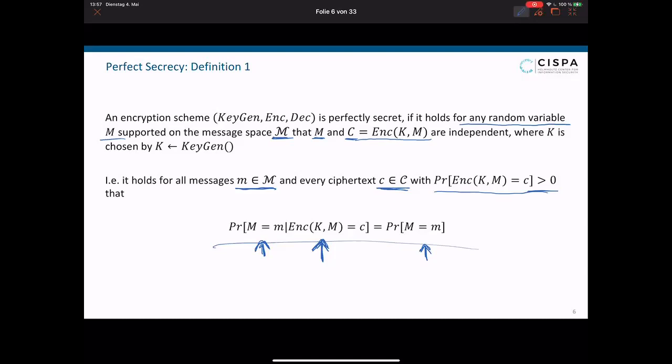Okay, there's another question. Doesn't all this depend very much on the quality of K and the algorithm that generated it? Yeah, of course, but when you say quality of K, this is the definition of what it means for a key generation scheme to be secure.